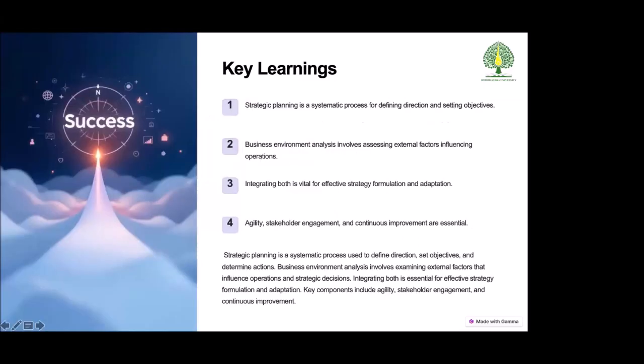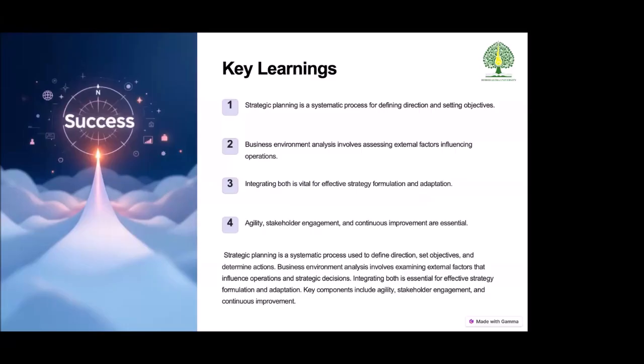Now let's focus on summarizing strategic planning and business environment analysis. We have 4 key learnings. Strategic planning is a systematic process used to define direction, set objectives, and determine action.